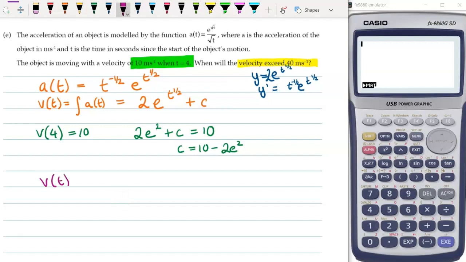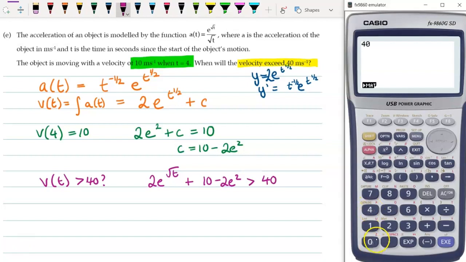So when is v over t greater than 40? So the velocity function, 2e to the t to the half, I'll write that as the square root of t, plus c, which is 10 minus 2e squared, has to make 40. That has to be more than 40.